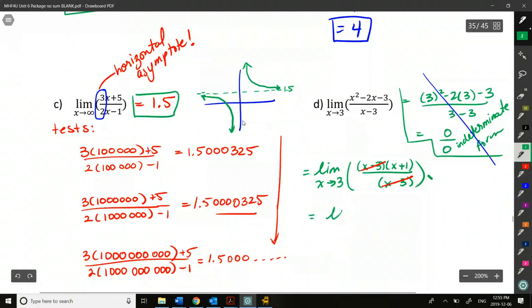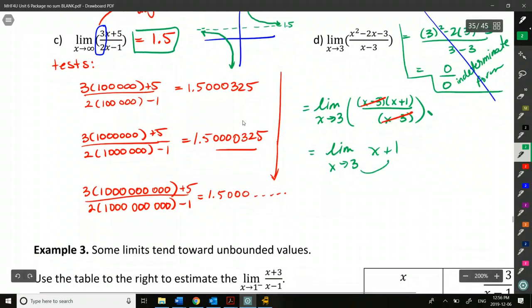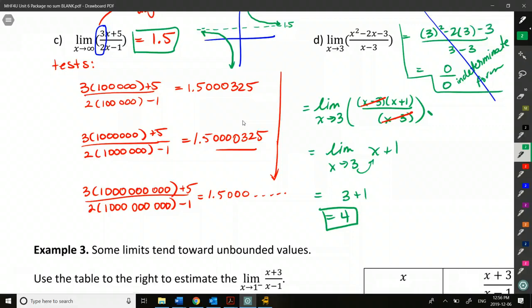And we just have the limit as x approaches 3 of x plus 1 now. So let's sub in and drop the limit notation. Perfect. So now we have the limit is approaching 4.